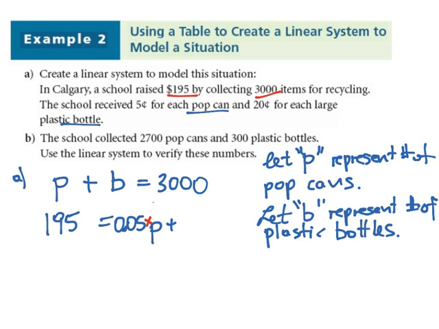We do not know how many of these plastic bottles there are, so we're going to multiply B by the cost of 1, which is 20 cents, or 0.20. And here is your second equation.